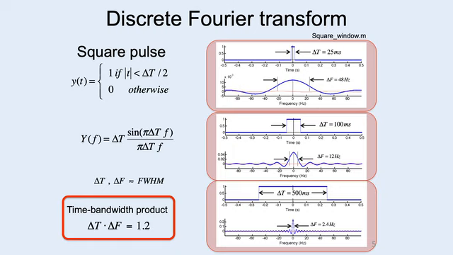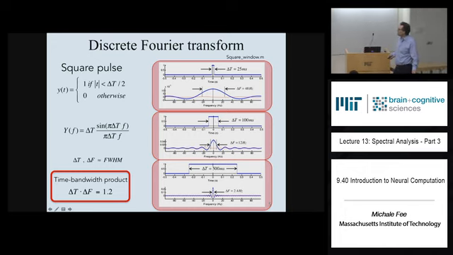The time bandwidth product of this square pulse and sinc function is a constant. It's independent of the width. It's a characteristic of that functional form. Okay.